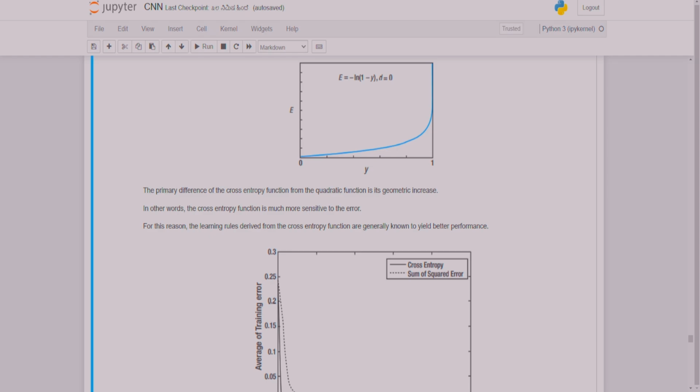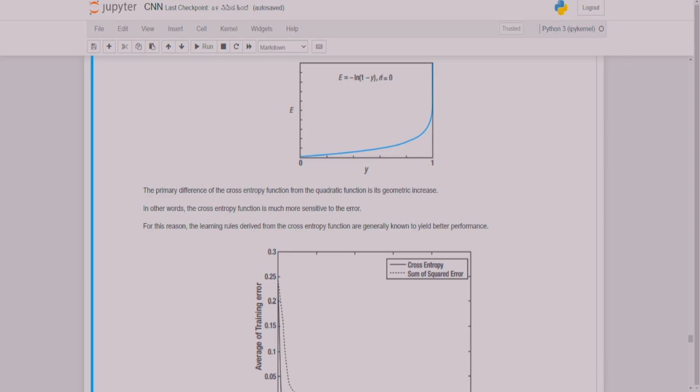All right, so what is the difference? The primary difference between the cross entropy and the other one is, you see the value increasing. As the d minus y increases, there is a quadratic increase in the value. When the difference is just 1 or 2, you have values like 1, 4, but when the difference is 10, you see the cost function is too large, like 100. If you have a difference like 20, that reaches 400.